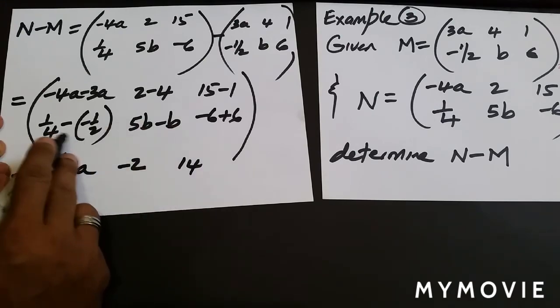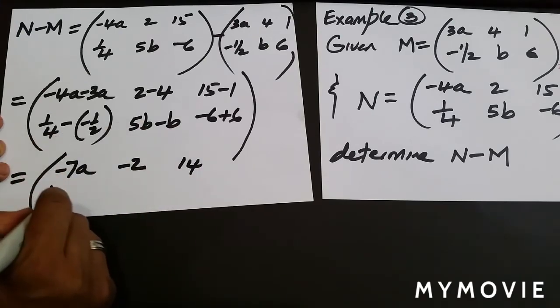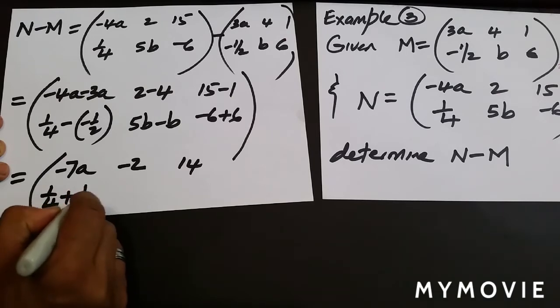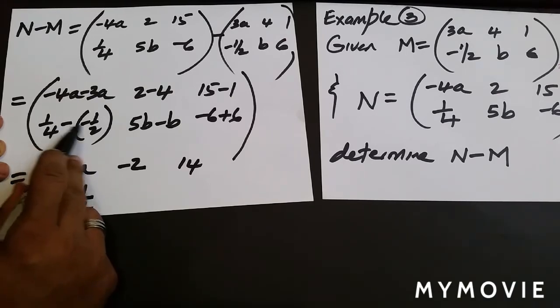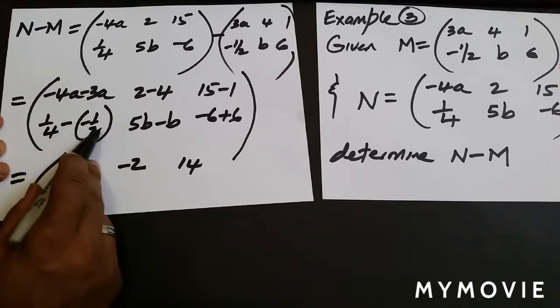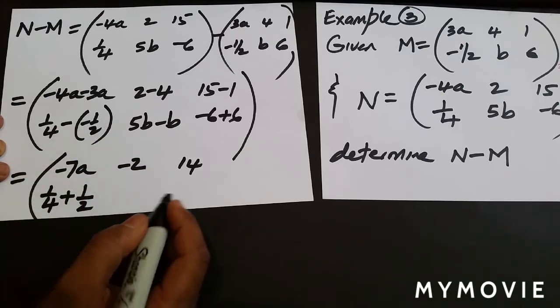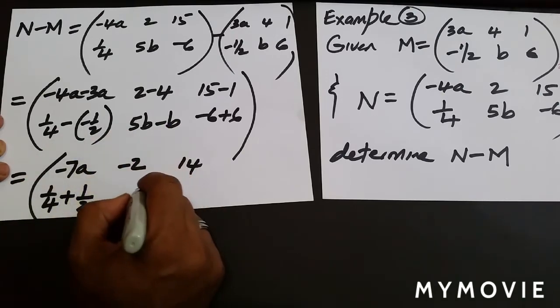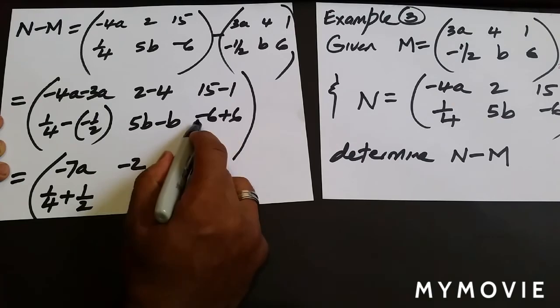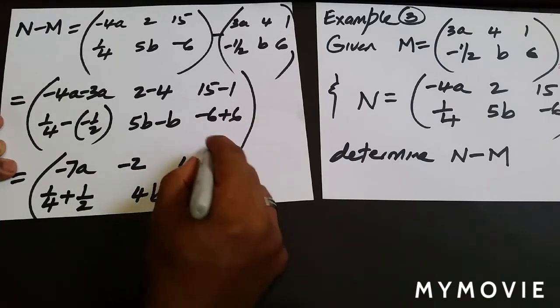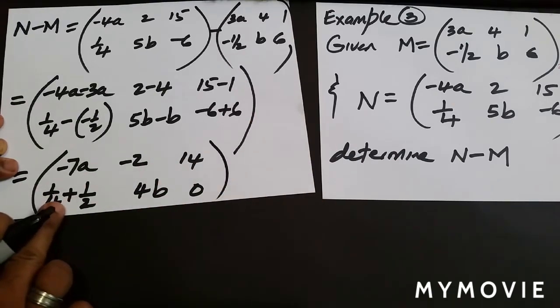And what we have here now, don't rush this. So it will be a quarter plus a half now, because a negative sign changes the sign inside the bracket whenever we're going to remove the bracket. So be careful of that. 5B minus B, well, that's 4B. And minus 6 plus 6, that's just 0. So the only part we need to work out is here.